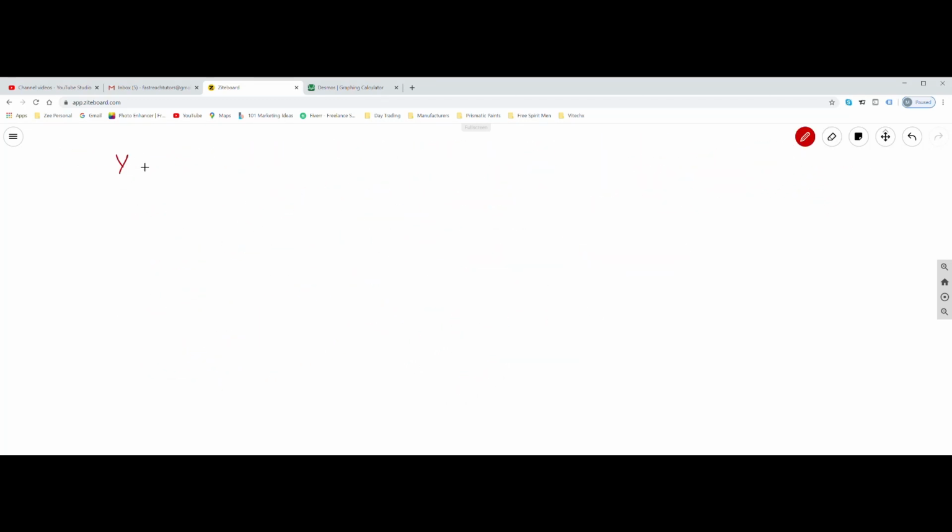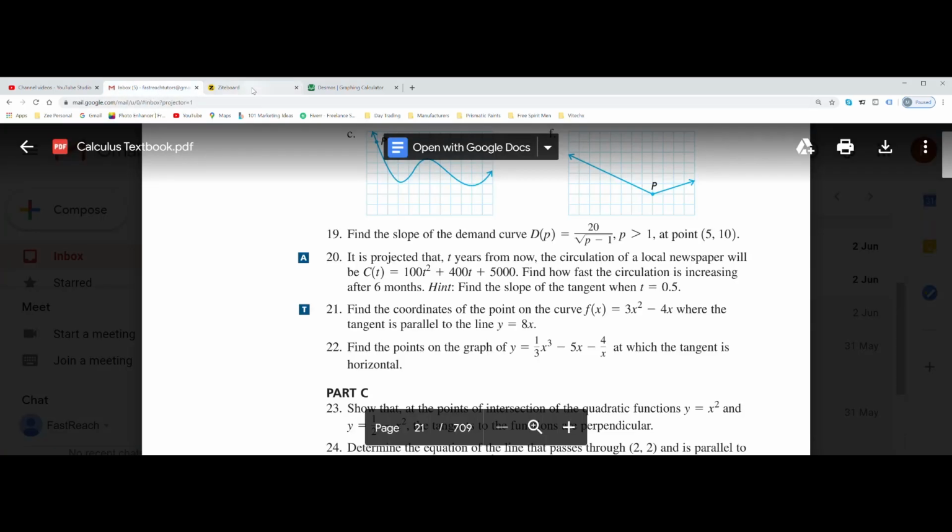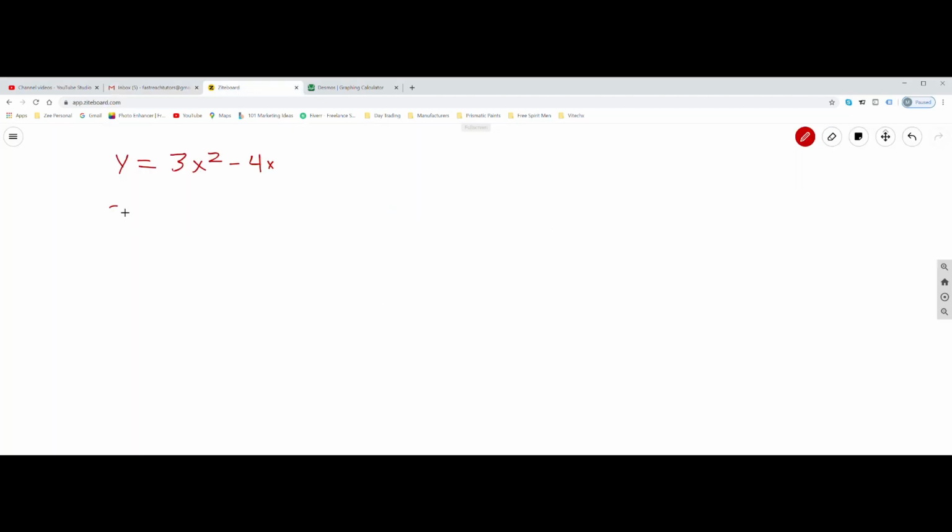So y equals, since we don't know the values of x and y, we're going to do this: 3 times x plus h squared minus 4 times x plus h, minus 3x squared minus 4x.